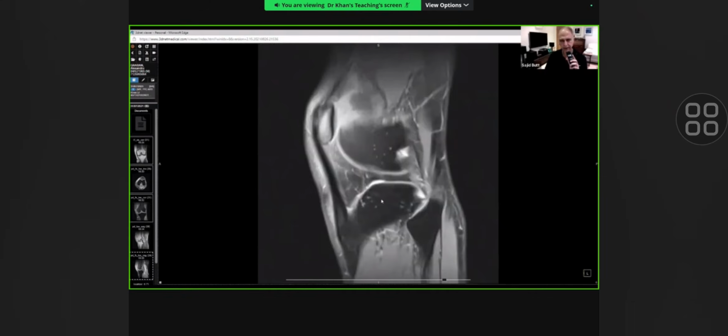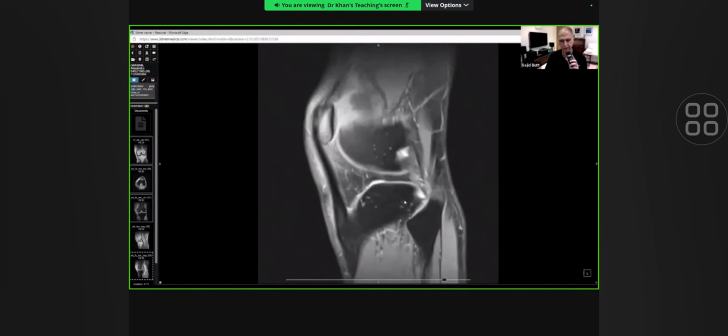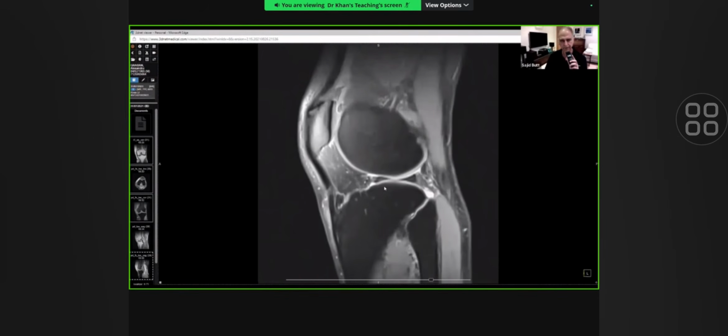On the lateral side, we first start off by looking at the conjoint tendon. We've got the lateral collateral ligament, and the biceps femoris tendon attaching to the upper fibula. Then the lateral meniscus is seen. We've got the superior tibiofibular joint. Notice that the lateral meniscus has normal anterior and posterior horns.